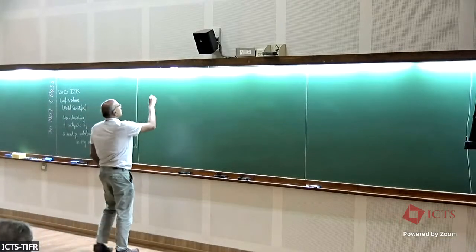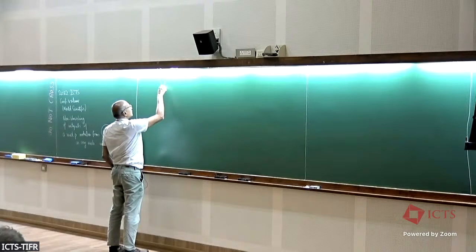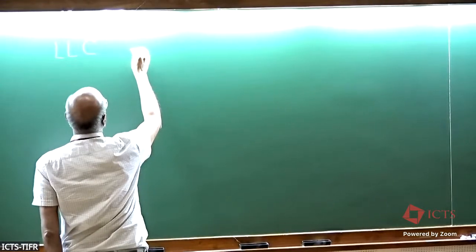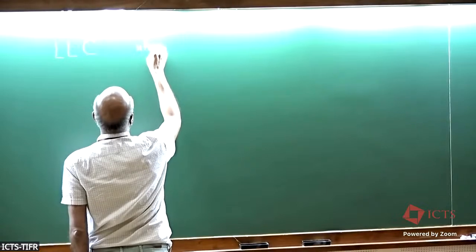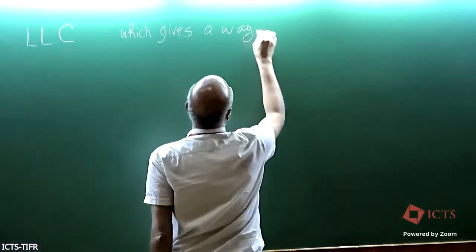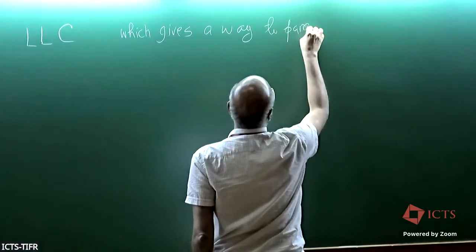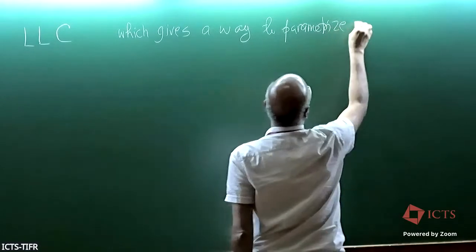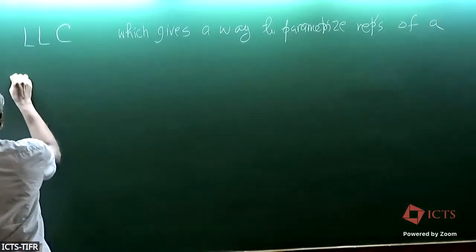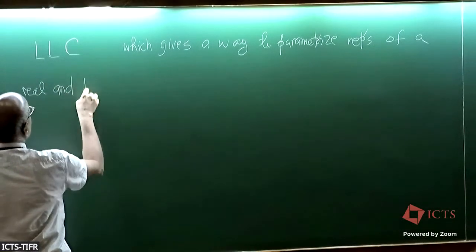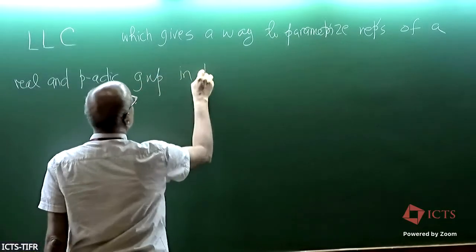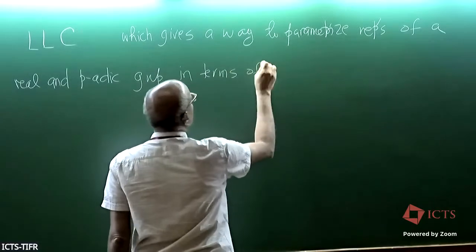So yesterday, no, day before yesterday in my previous lecture, I was talking about local Langlands correspondence, which gives a way to parameterize representations of a real and p-adic group in terms of parameters.